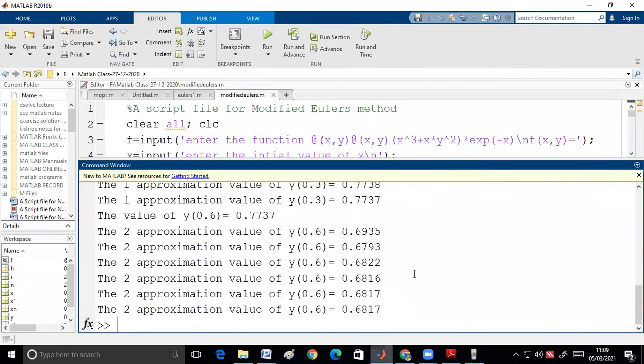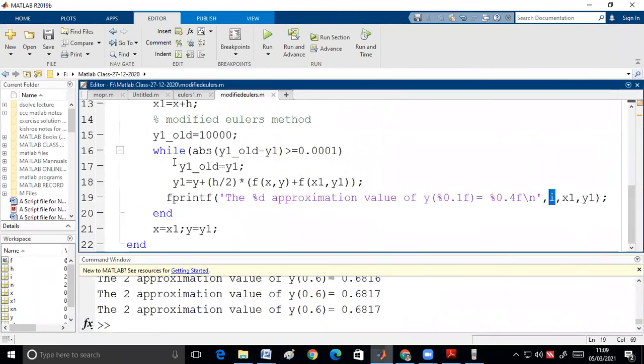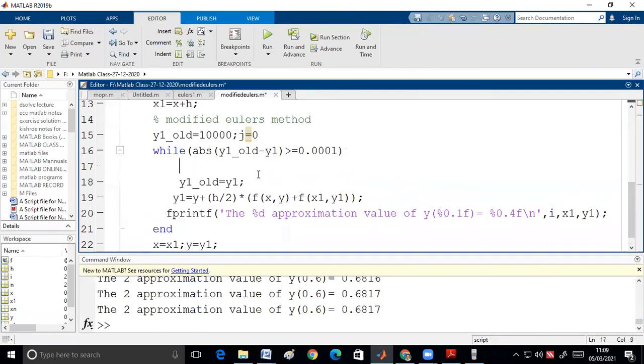Wait, a small mistake, not i, this is j. We are giving an index, here the index is not given. Then no problem. j equals 0, I will write the j value. j equals j plus 1.